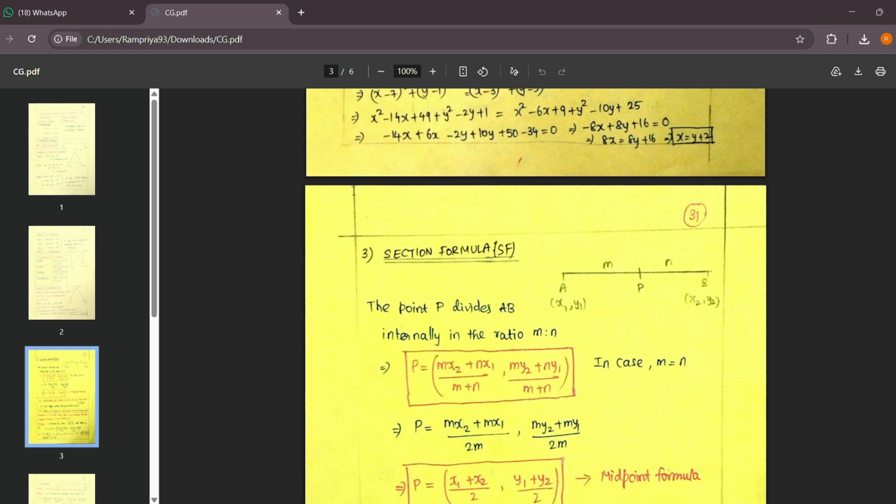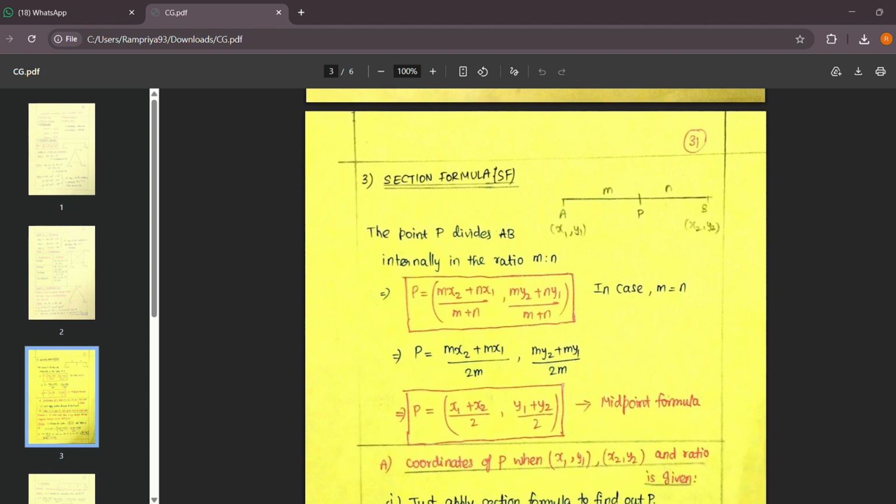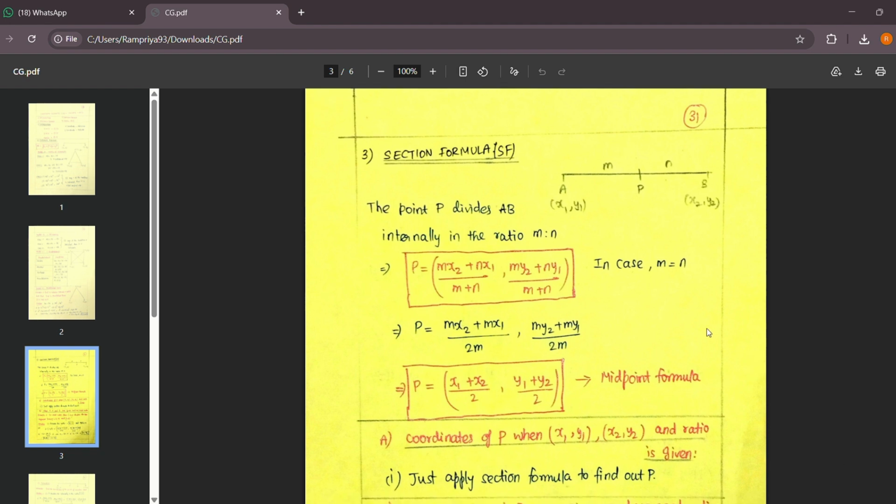And next model is about section formula, another very important topic. So here in section formula, you can see from the diagram, AB is a line segment and the point P lies internally inside AB. So point P divides AB internally in the ratio m is to n.